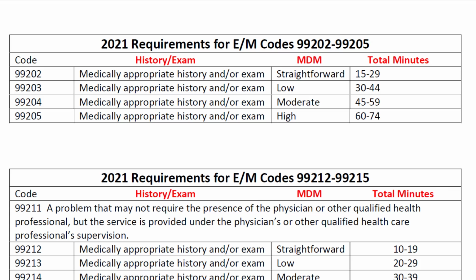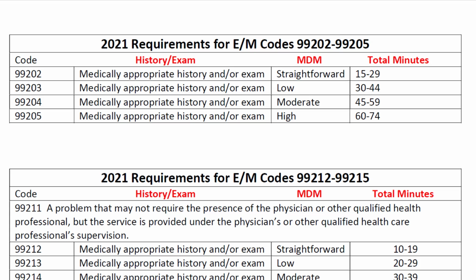So they tell us that for 2021, the E&M codes can be decided by either using time or what's called medical decision making. All right, so let's start with time. I have a little chart up here. First of all, understand that the code 99201 has been eliminated.